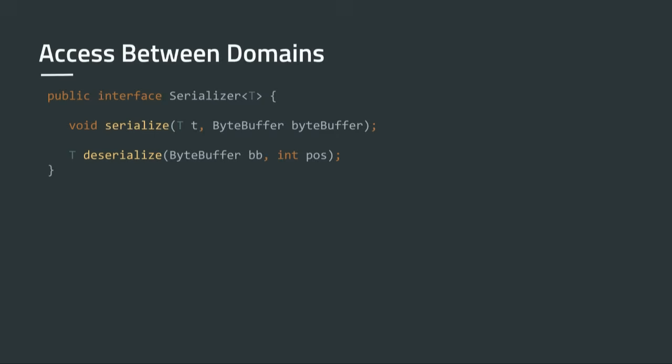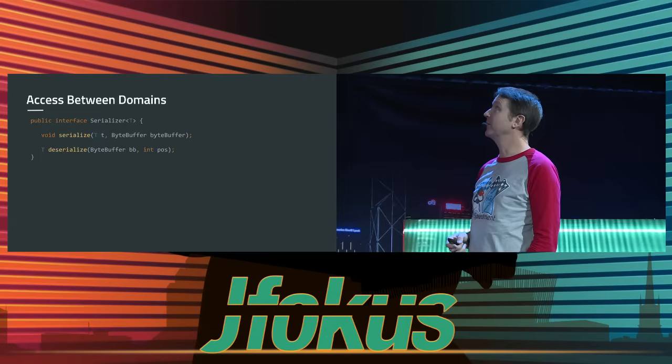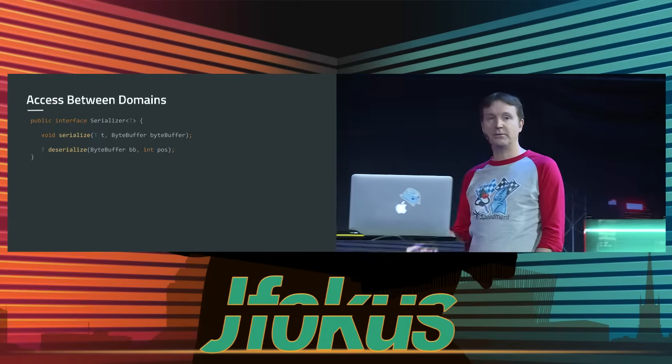It also has a deserialize method, which takes a ByteBuffer and that said position, and is able to restore and reconstruct that object. So this is a very simple serializer. I wouldn't recommend using this simple scheme, but this is the principle of how it works.